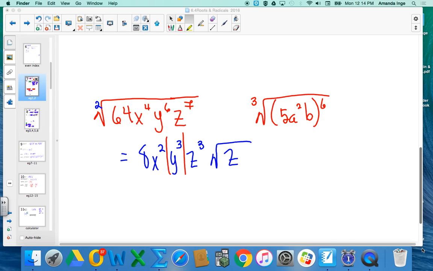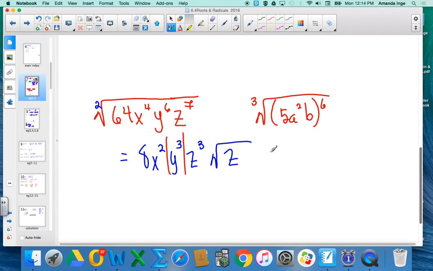Alright, so on the next problem I have the cube root of parentheses 5a squared b inside the parentheses raised to the 6th power. Y'all, do not raise all of this to the 6th power. Don't even look what's inside the parentheses. Okay? You want to divide the index into the exponent, so you want to divide 3 into 6. It goes twice.